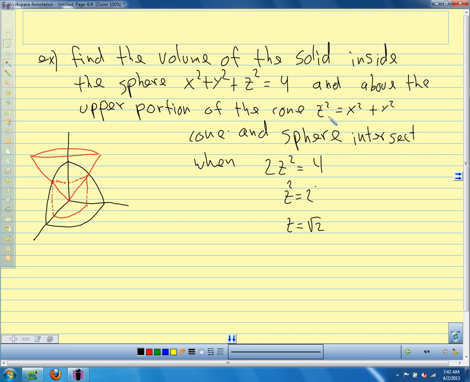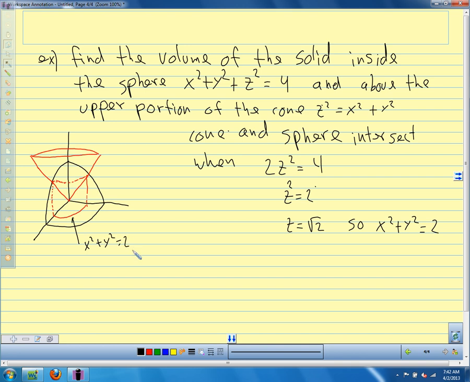If I substitute this back in the xy plane, I get x squared plus y squared equals 2, since z squared is x squared plus y squared. So this circle in the xy plane is x squared plus y squared equals 2.